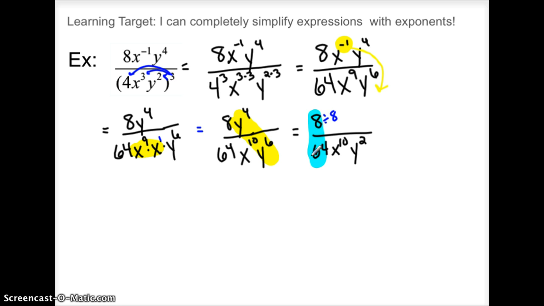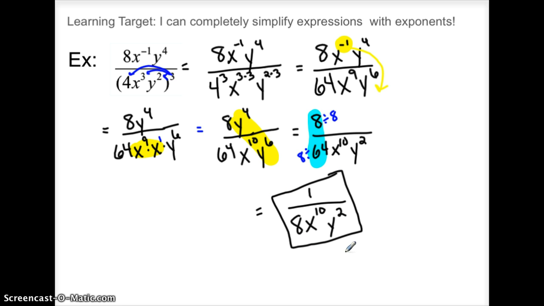So really, we should divide out an 8 to make sure that this expression is as simplified as it can be. So I'd have a 1 on top, 64 divided by 8, 8 on the bottom, and just rewrite my 2 variables. And this would be my simplified answer.